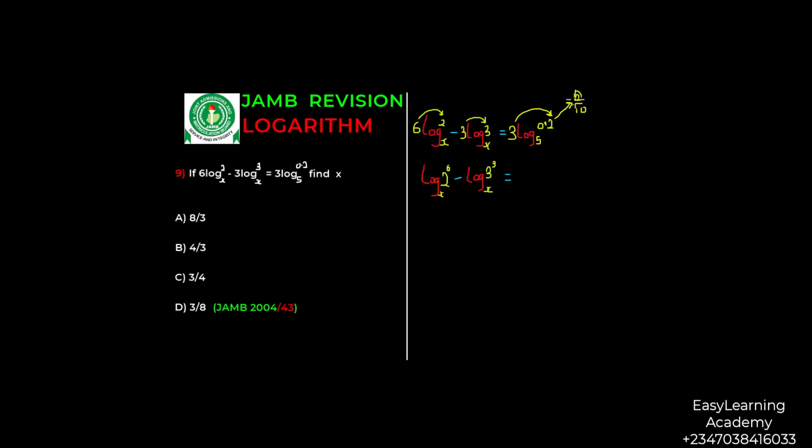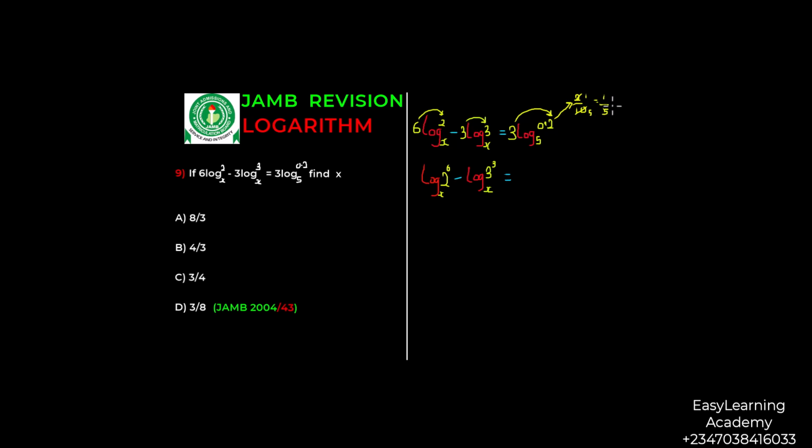Now 0.2 also is the same thing as saying 2 cancels itself here one time, and then 2 goes into 10 5 times. So 0.2 is the same thing as saying 1 all over 5.